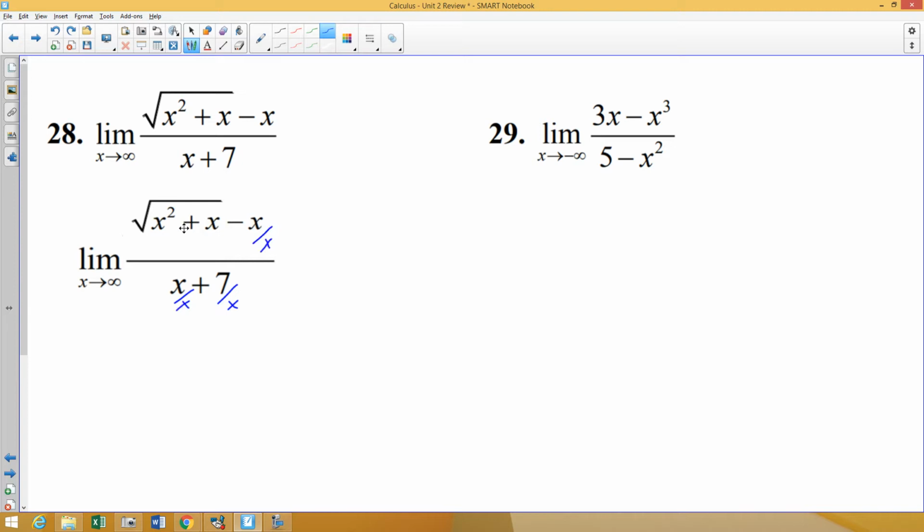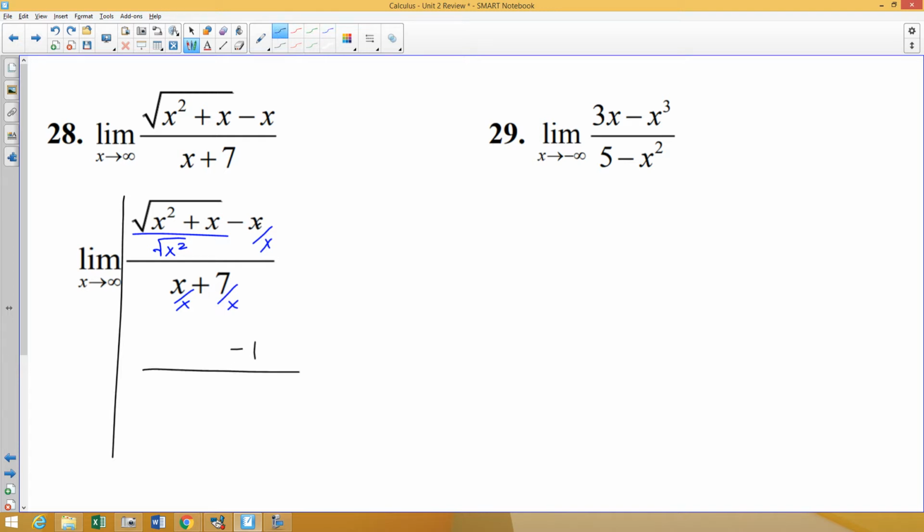But under the radical, because I want what I divide by to resemble the term, instead of an x to the first, I'm going to use the square root of x squared. The square root of x squared. And then I'll reduce each of those. And so x divided by x is 1 over here.